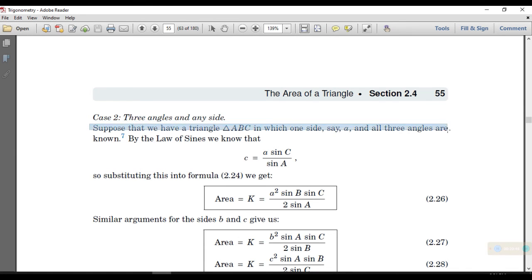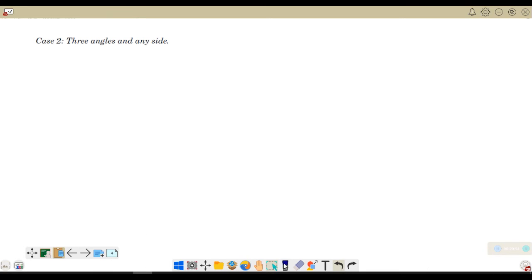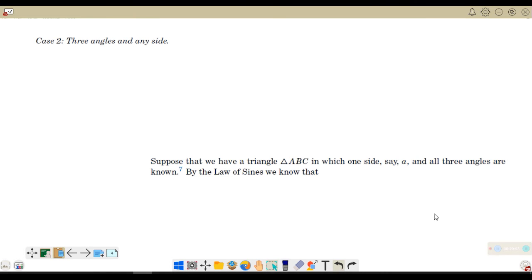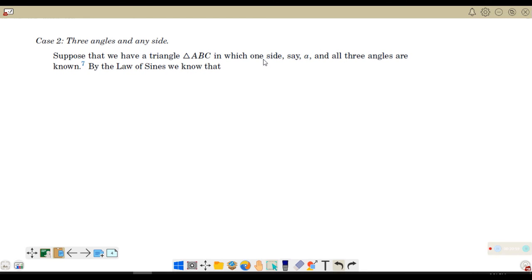Suppose that, yan. So, ang known daw ay si angle A, si angle B, at saka si angle C, and si side A. Ano ulit ang law of sines natin?